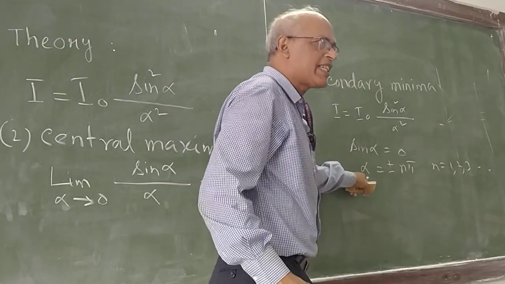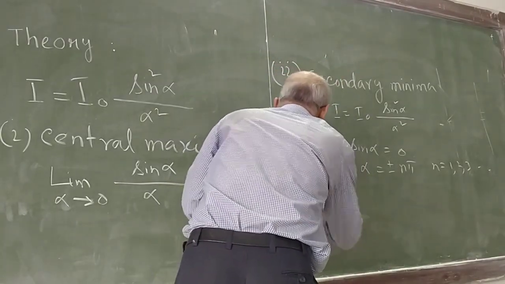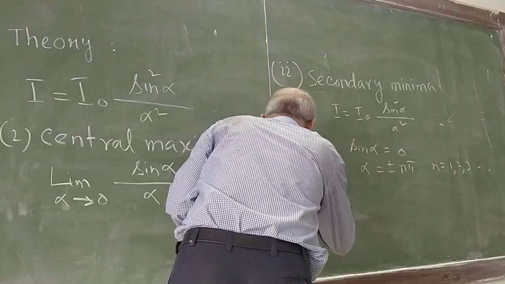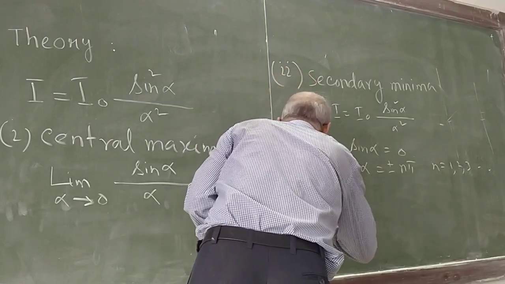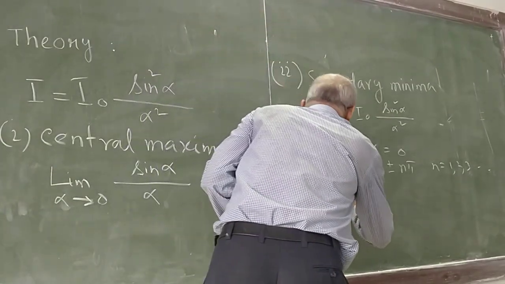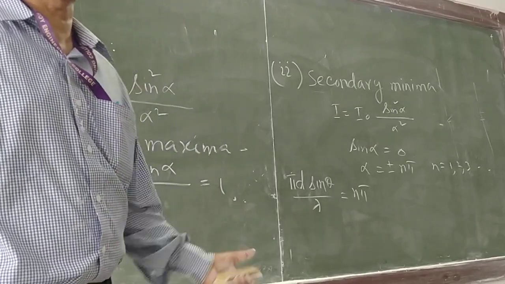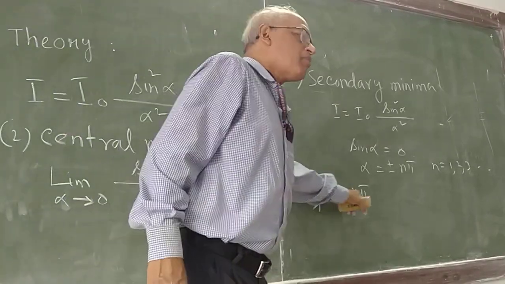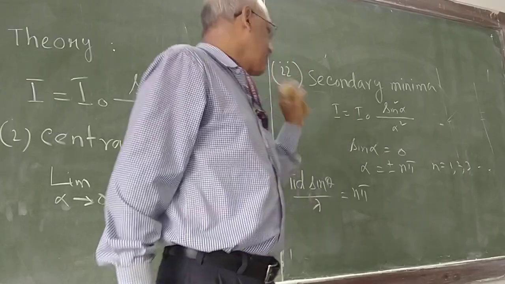What is the real parameter? Alpha is equal to pi d sin theta by lambda. Positive side only, the negative side will be the same. n starts from 1, 2, 3. n is equal to 0 is the central maximum, which we have discussed.